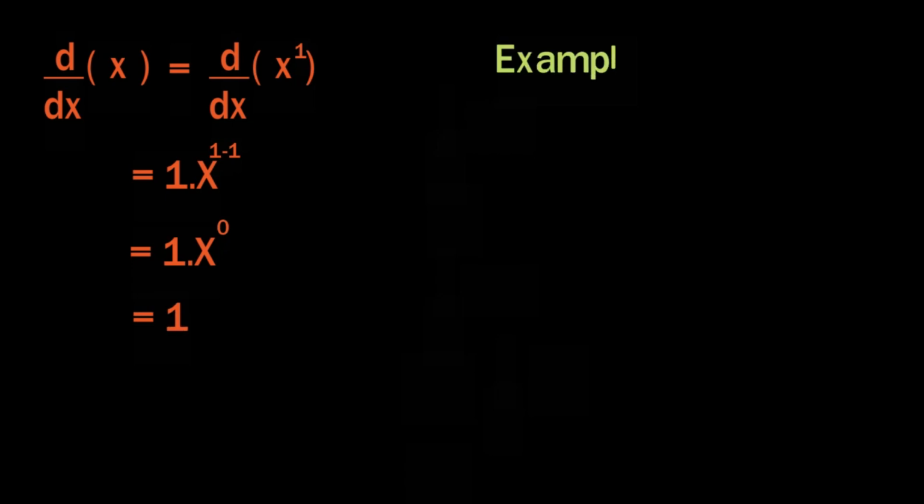So let's say we want to differentiate another example, let's say we have 3x as an example. So the 3 we keep, so we will get the answer as 3. Let's say we want to differentiate negative 9x.